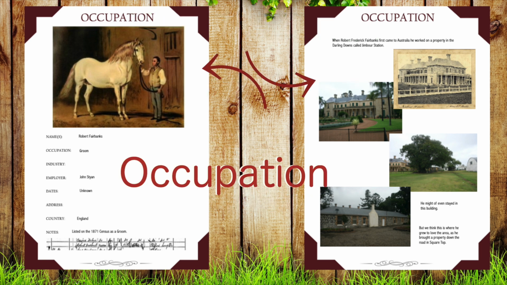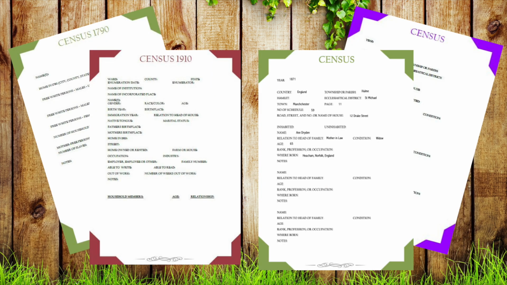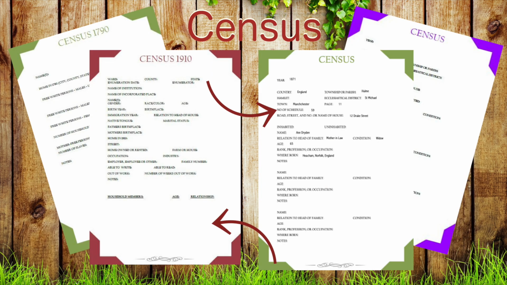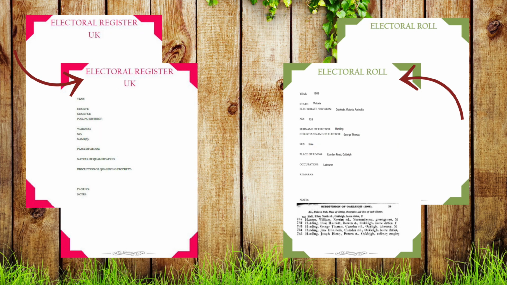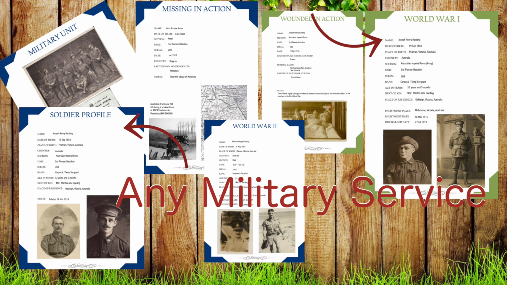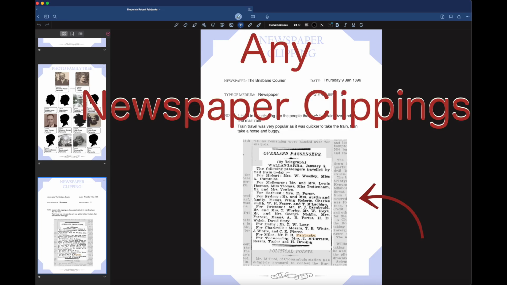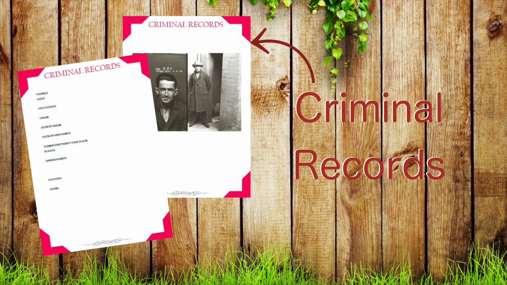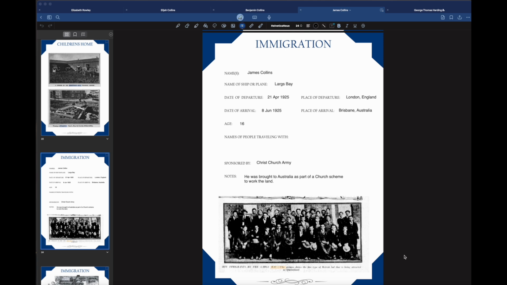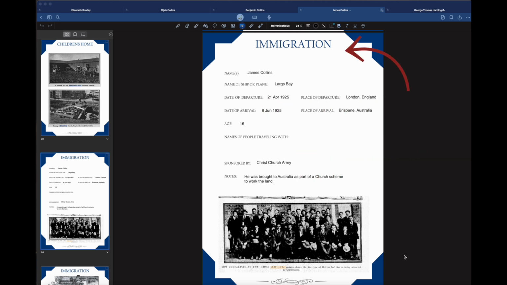For example, the main things like occupation, census records, electoral rolls, military sheets, newspaper clippings, criminal records. If your ancestor immigrated, you could use the immigration page and put all the information on there.